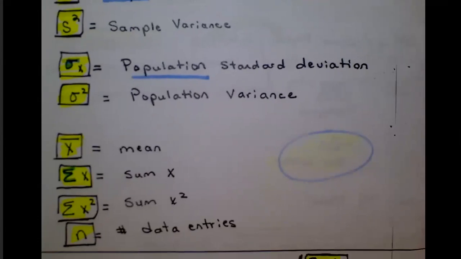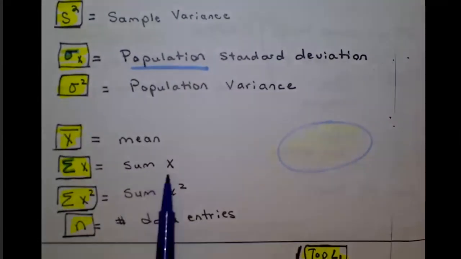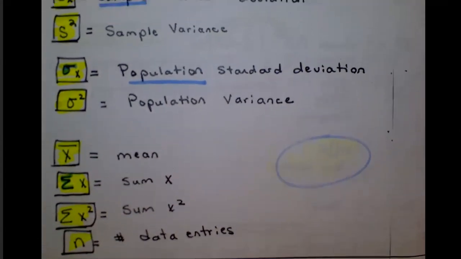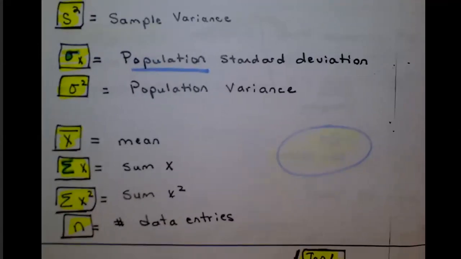You have x bar, which is your mean. You have the sum of your x's, the sum of your x squareds, and n is your number of data entries. Make sure you pause if I'm going too fast for you to write that down, because that stuff is important for you to understand.